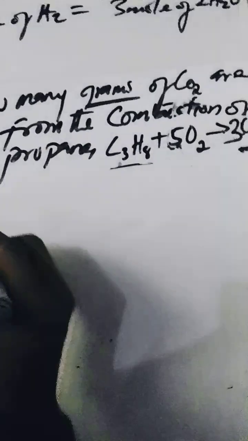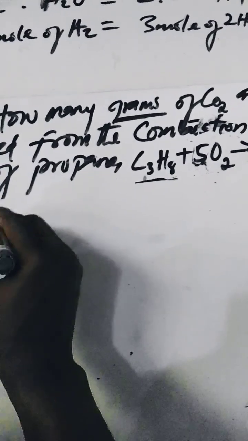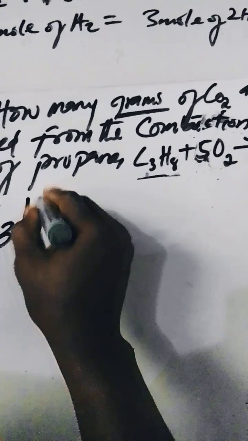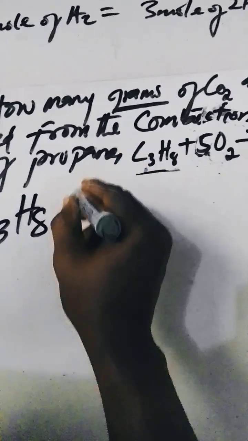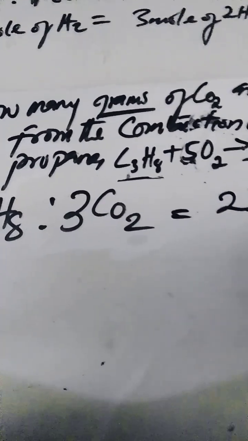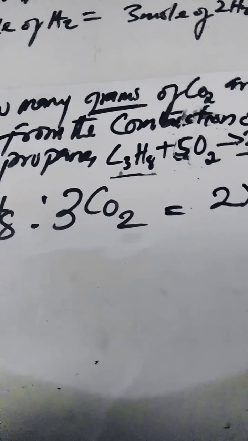And then we have 3 here, C3H8 against 3 CO2. So we have 3 here. With these 2 combustion, we have 2 times 3 CO2.